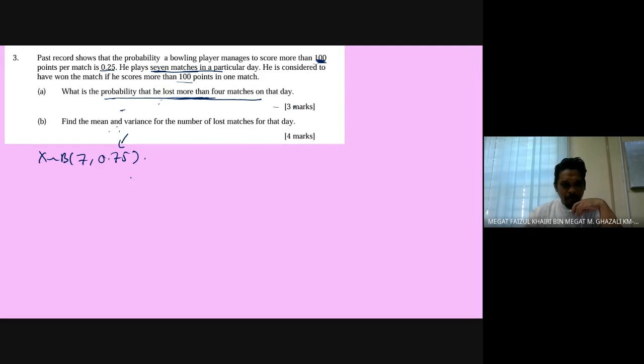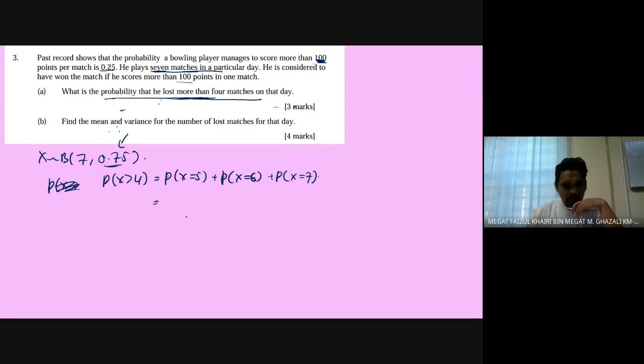Okay, so now probability of x greater than 4, or lost more than 4 matches, equals probability of x equal to 5 plus probability of x equal to 6 plus probability of x equal to 7. Okay, so you may use the equal because the 0.75 is greater than 0.5.